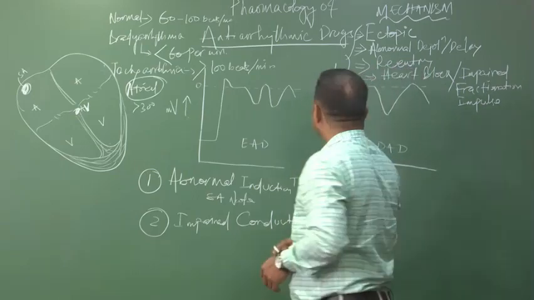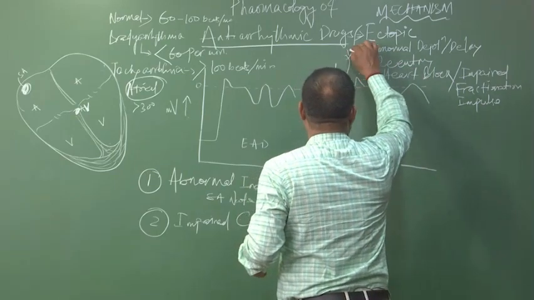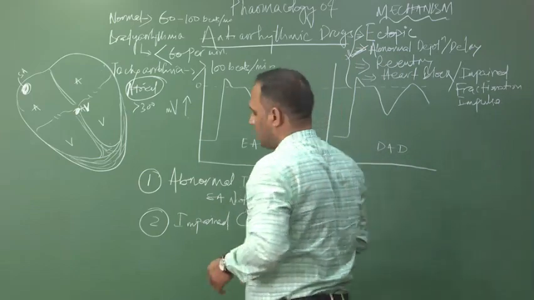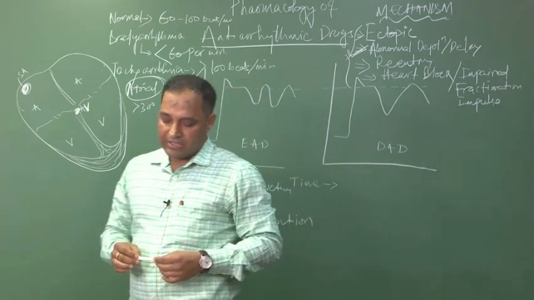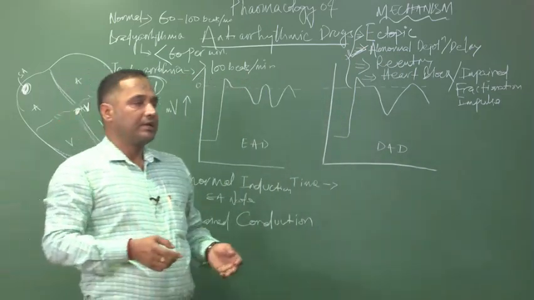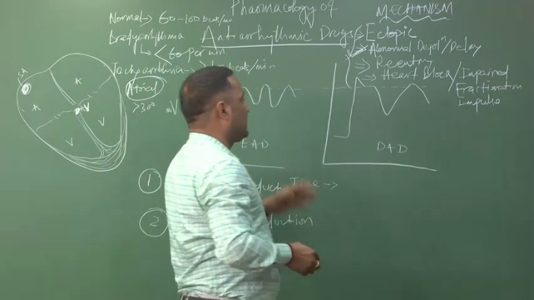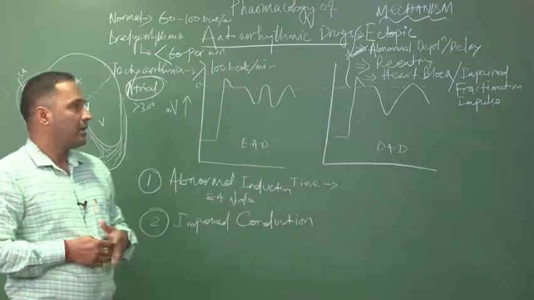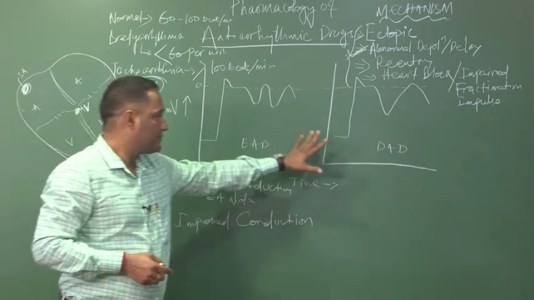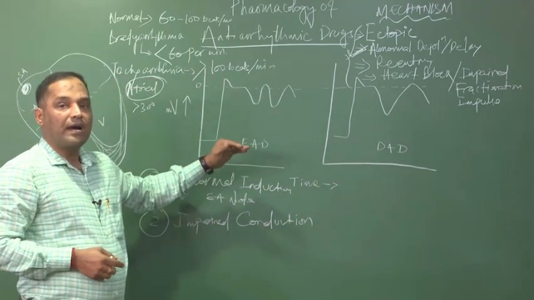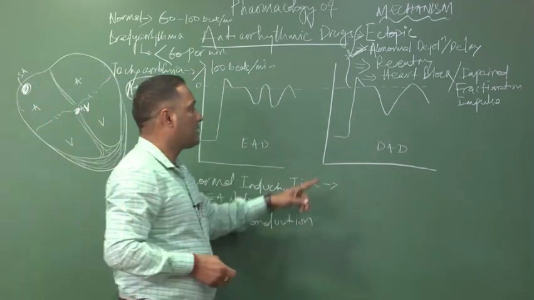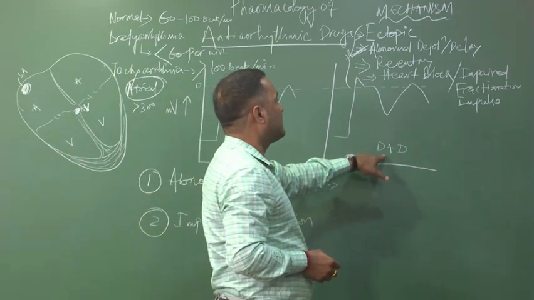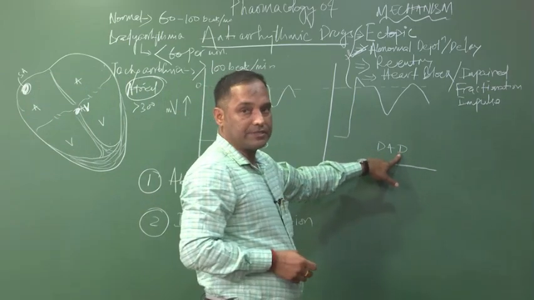The second one is abnormal depolarizations. Abnormal or after depolarizations are generally divided into two types. I have represented two graphs: early after depolarizations, and delayed after depolarizations.